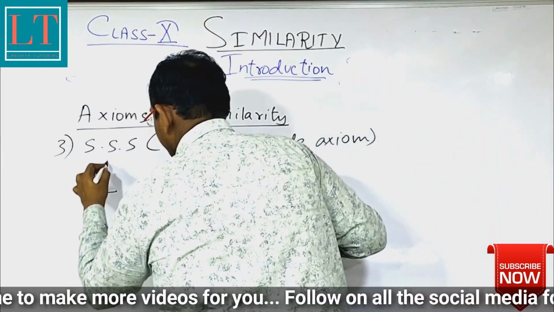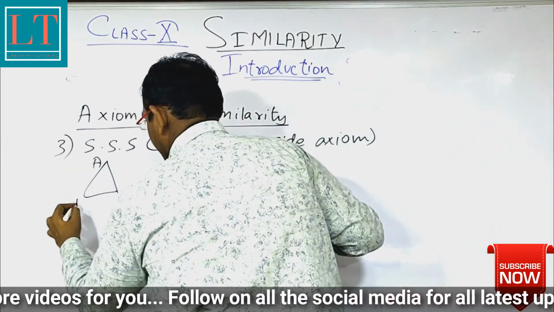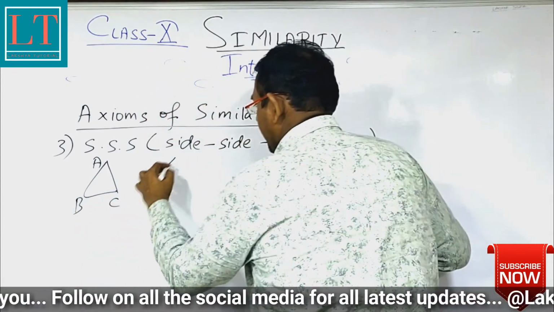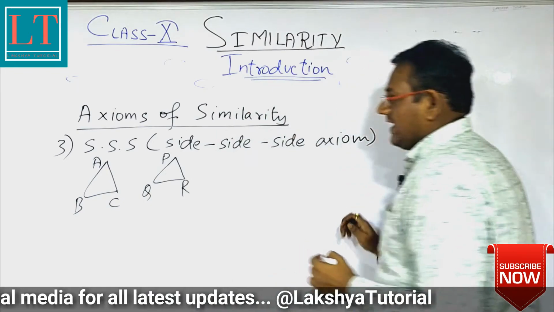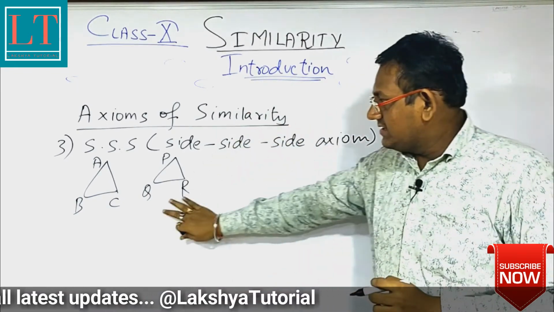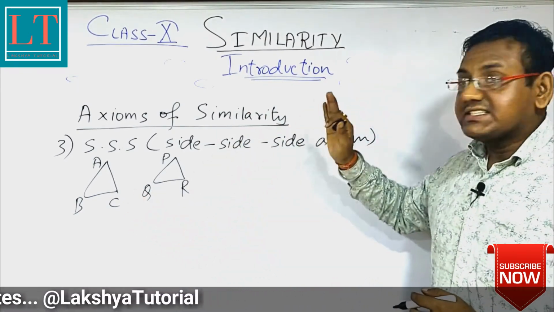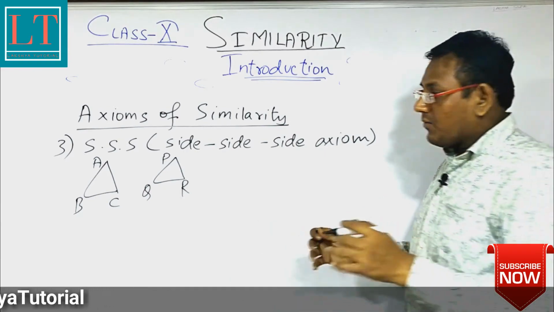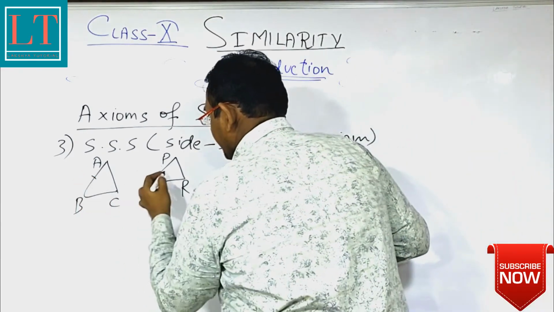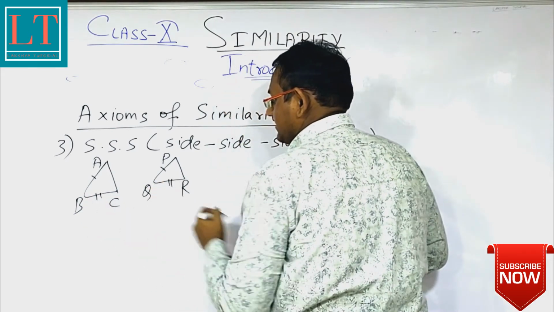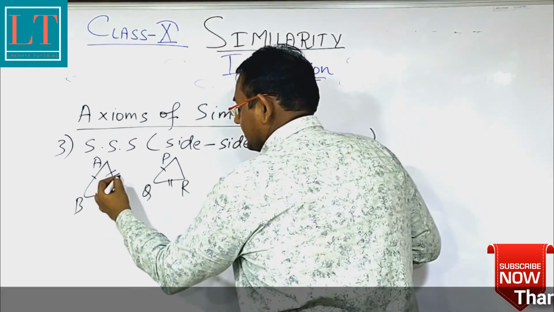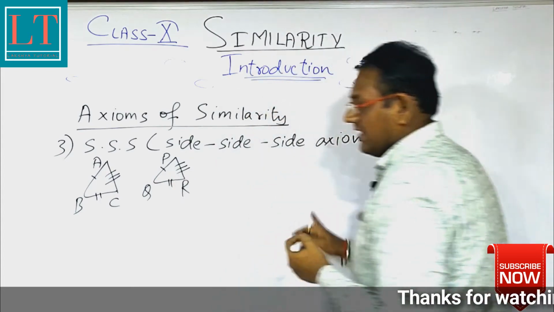If we are considering two triangles, ABC and the second one PQR, and in these two triangles the sides are in ratio, what does that mean? This side and this side are in ratio, this side and this side are in ratio, and this side and this side are in ratio.